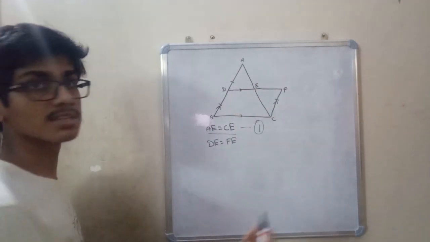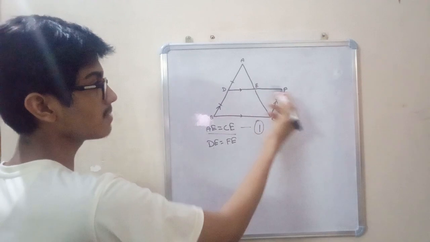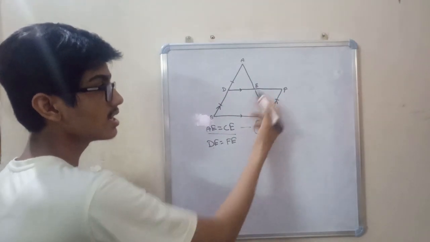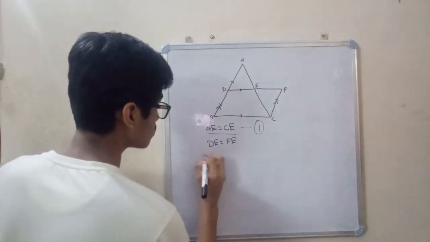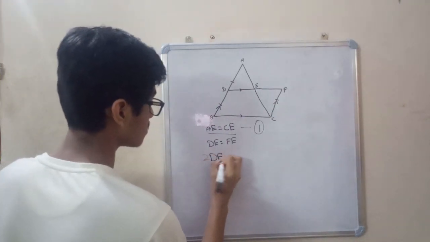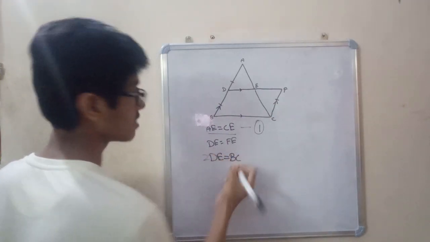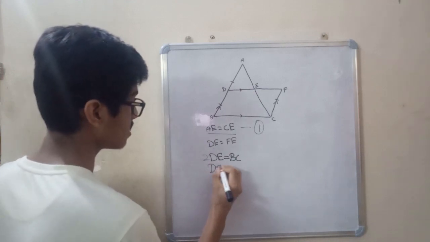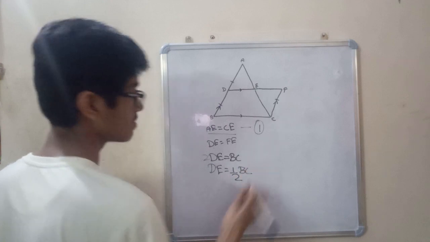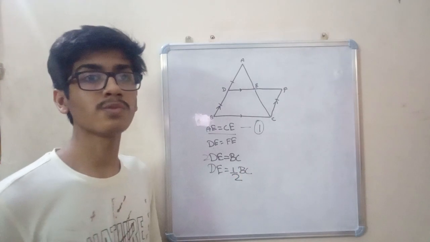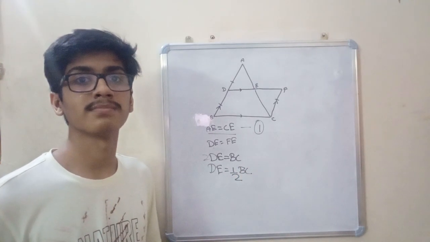The same thing again: DE plus EF is equal to BC. EF can be replaced by DE. That means 2DE is equal to BC. And finally, DE is equal to half BC. And here we end with the proof of the converse of the midpoint theorem.